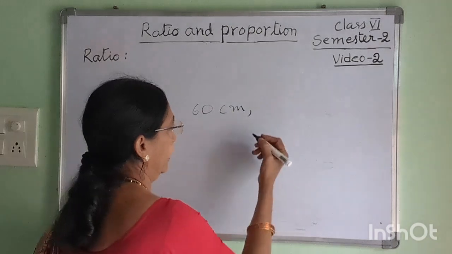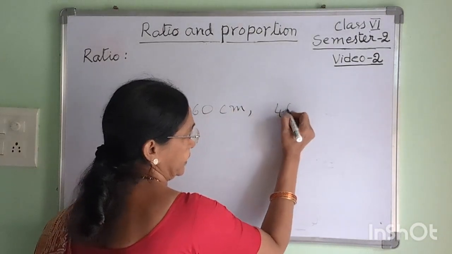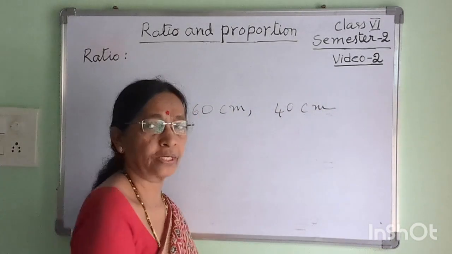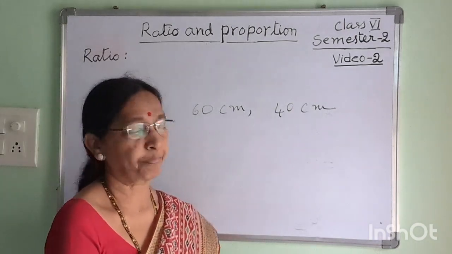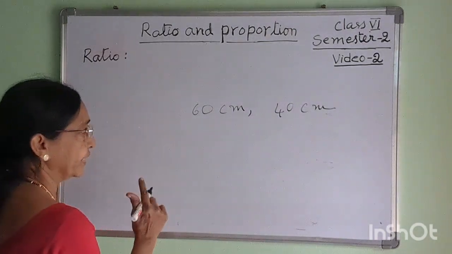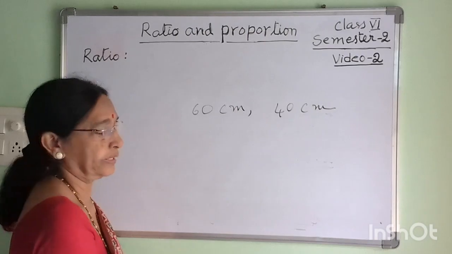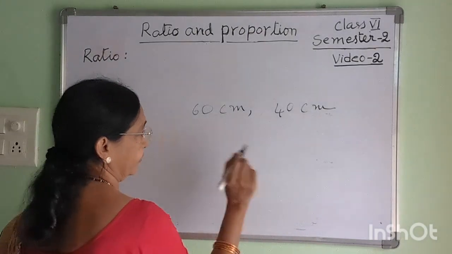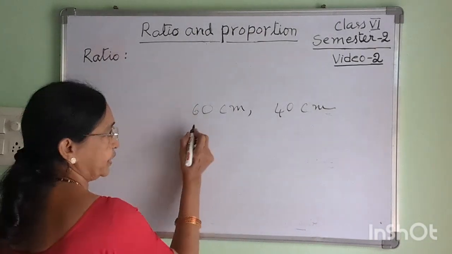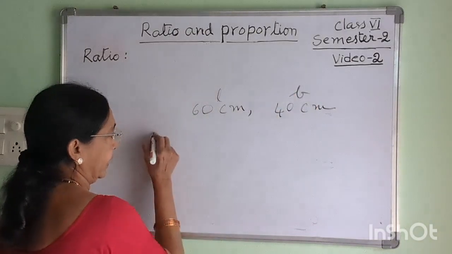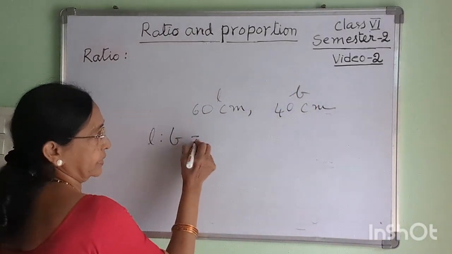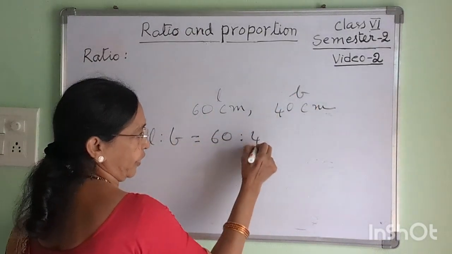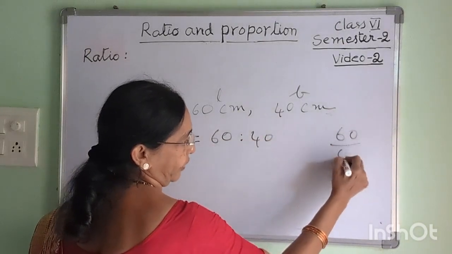Next, the length of a table is 60 centimeters and the breadth of a table is 40 centimeters. That is actually not a table, it is a rectangular plank. Then find the ratio of the length to its breadth of that plank. So, the ratio of the length and the breadth, L is to B, is equal to 60 is to 40, or 60 by 40.